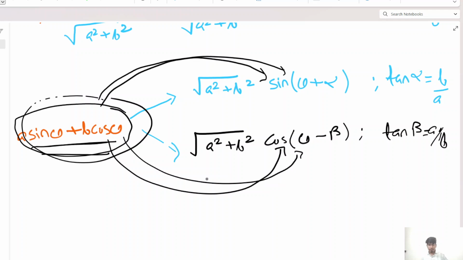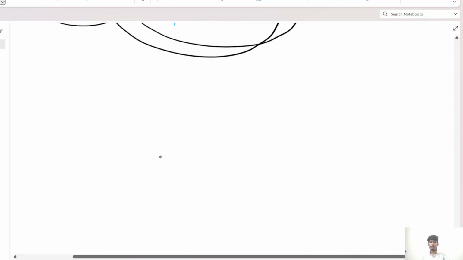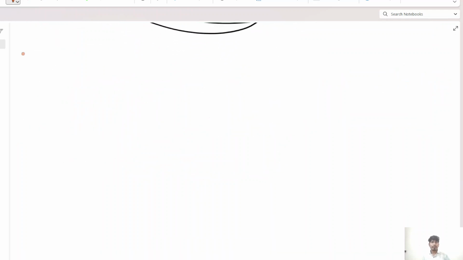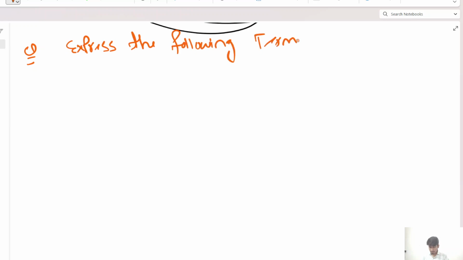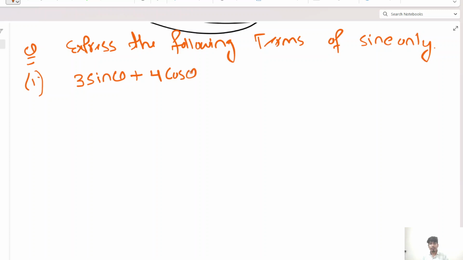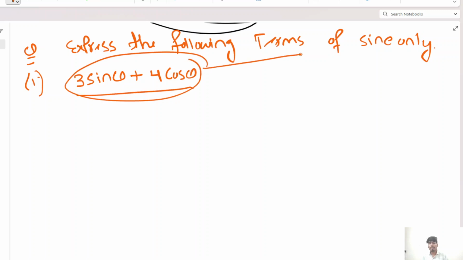Okay, so let's do the first question. The first question is: express the following terms in sine only, in the sine function. The first question is 3 sin theta plus 4 cos theta. We have to convert this into only a sine function.